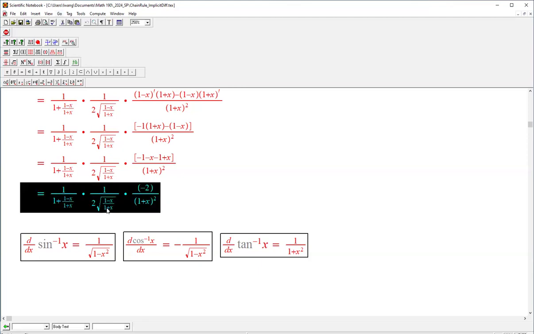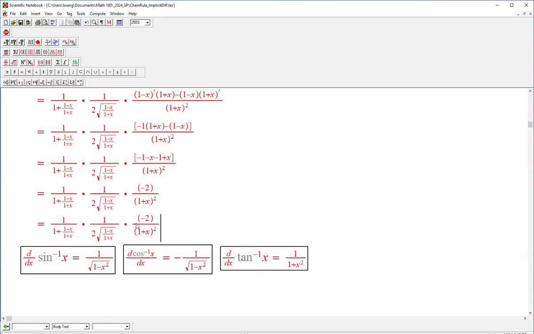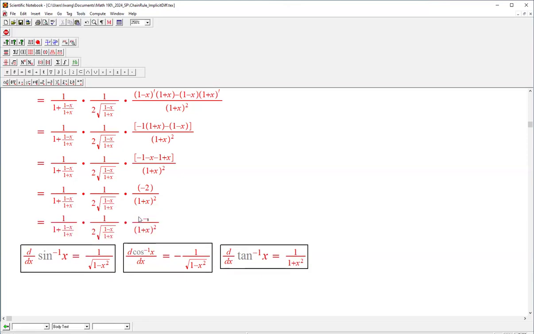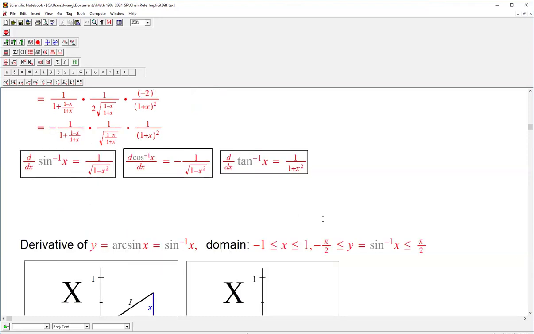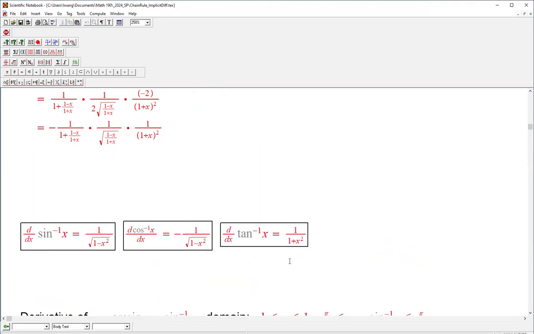So let me go to the next step. This is going to be minus 1, taking away the 2. I'm going to put the negative sign in the front. Now, reducing this complex fraction, what do we do?